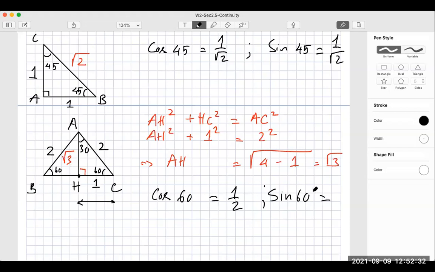Yes, square root 3 over 2. How about cosine of 30? Yeah, square root of 3 over 2. And sine of 30? Yes. Now you can memorize all the special angles easily if you memorize these things, okay?